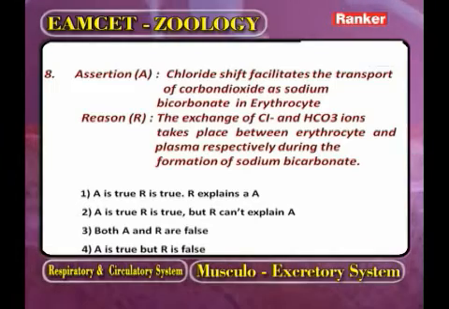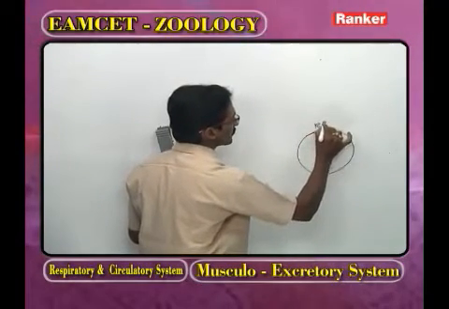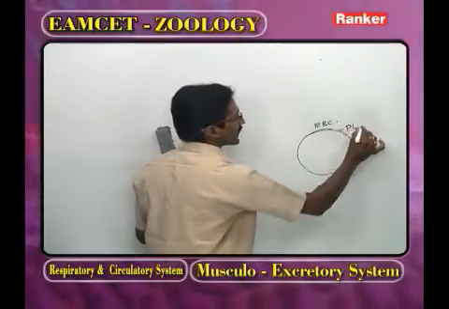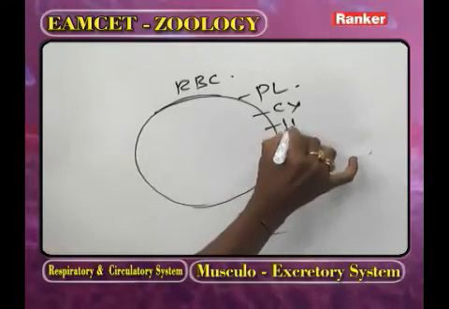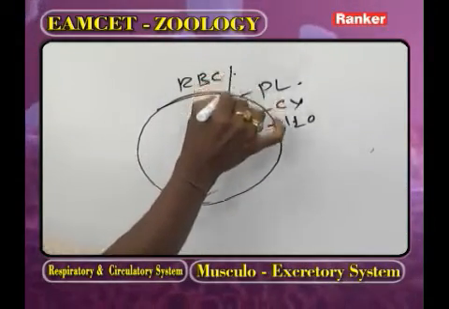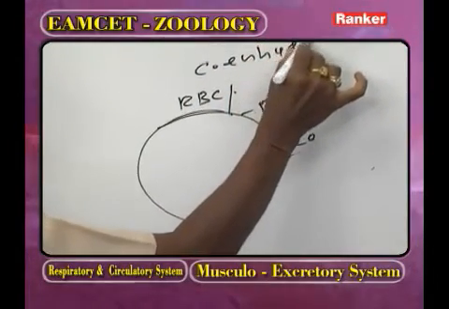Now this one we call the RBC, already explained. The RBC is covered and protected by the plasma lemma, and this is the cytoplasm. In the cytoplasm, water is present. The plasma membrane secretes the carbonic anhydrase enzyme.